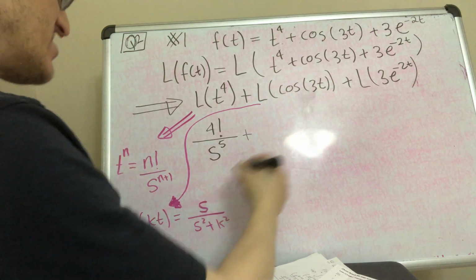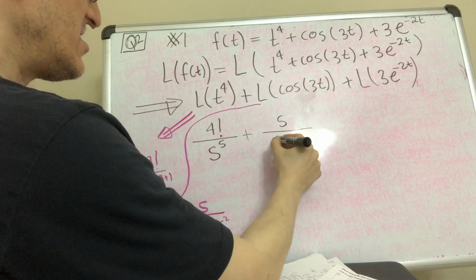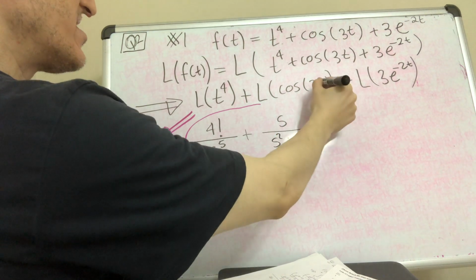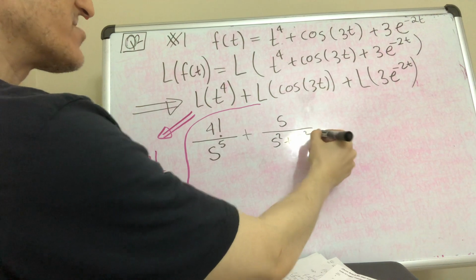So for this one, you put the letter s, and s squared, and this number in front of the t squared.